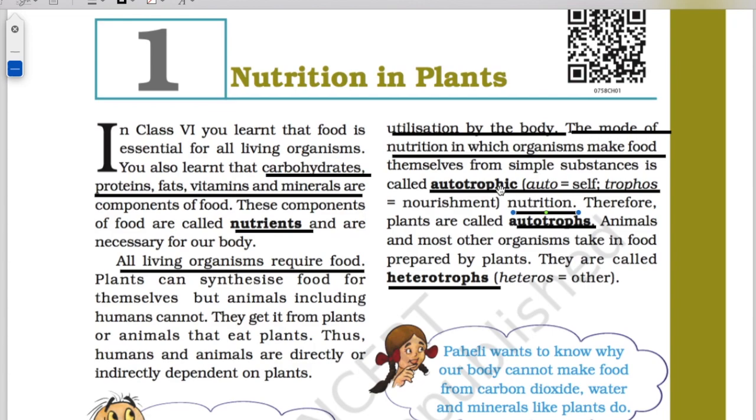Can you give an example of autotrophs? Yes, plants can prepare their food with simple substances.